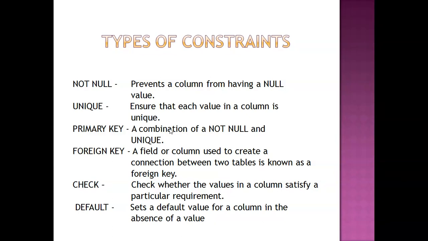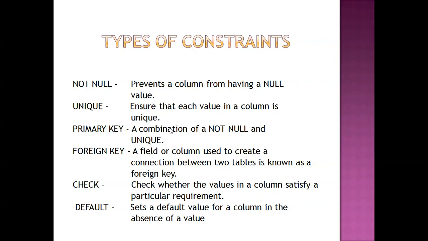If there is a null value, this will not allow the user to enter that value. Second, UNIQUE. It always ensures a unique value in a column, so no duplicacy is allowed. Third is PRIMARY KEY. It's a mix of the above two, which means NOT NULL plus UNIQUE.